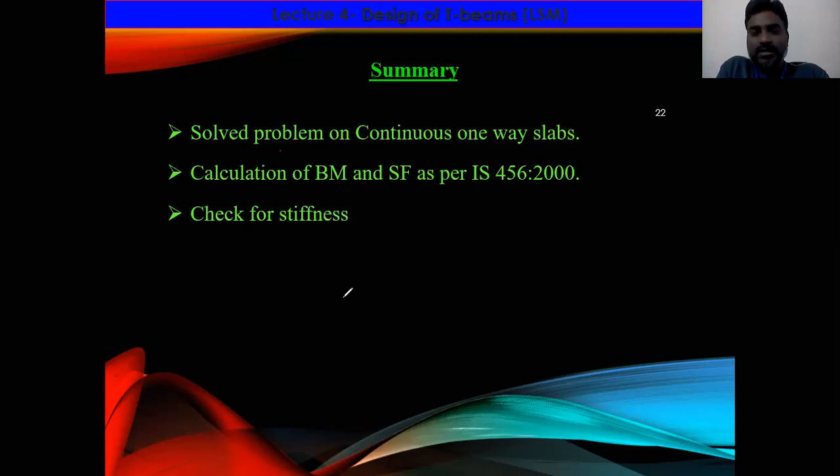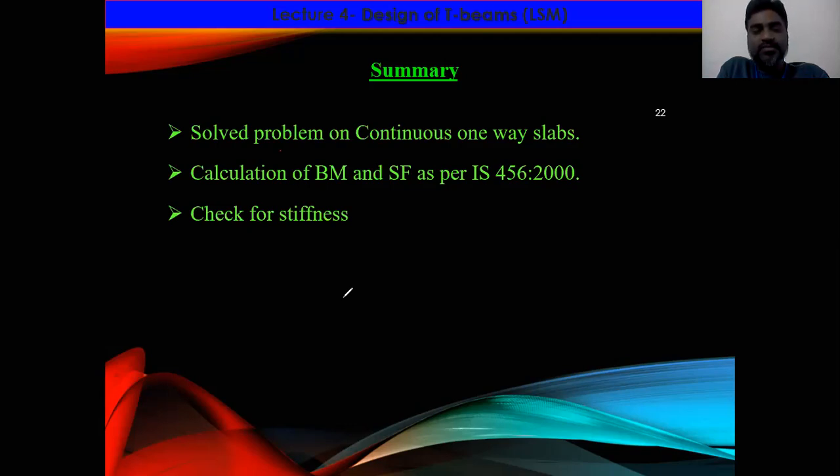Then we have calculated the effective span. As I told earlier, the effective span depends upon the width of the support. So we have checked it. Our width of the support is less than 1/12 of the clear span. Therefore, the effective span should be calculated the same as simply supported.